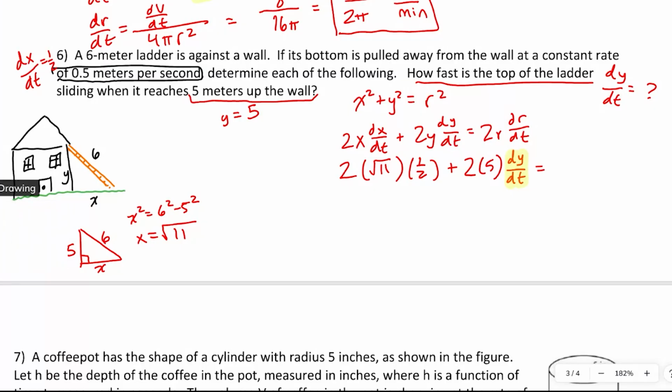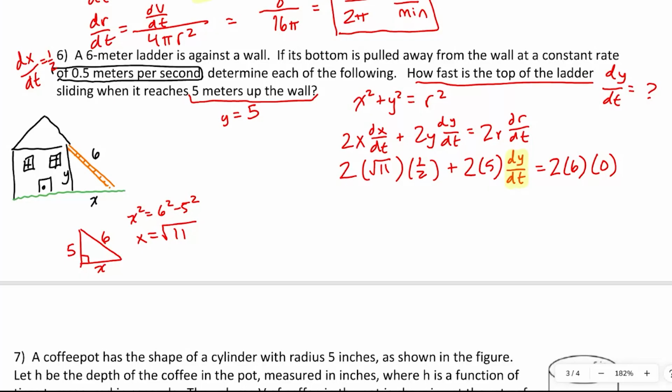Okay, equals 2 times the length of the ladder, 6. How is the length of the ladder changing? It's not changing, right? It's always going to be 6. The ladder isn't magically shrinking or anything. So the rate of change is 0. Okay, so this equation looks a little complicated, but really it's not too bad.